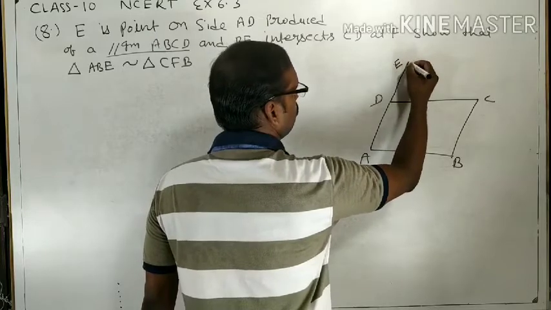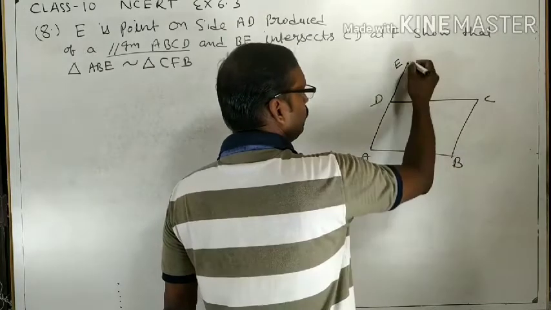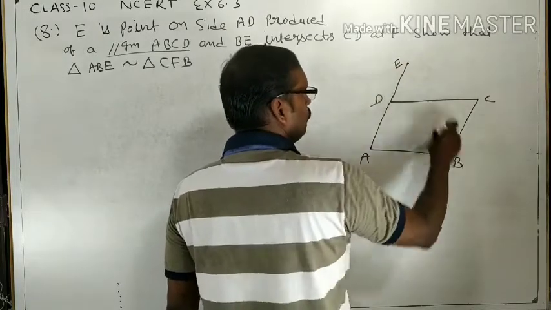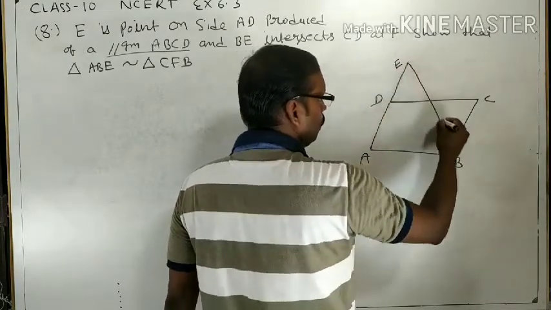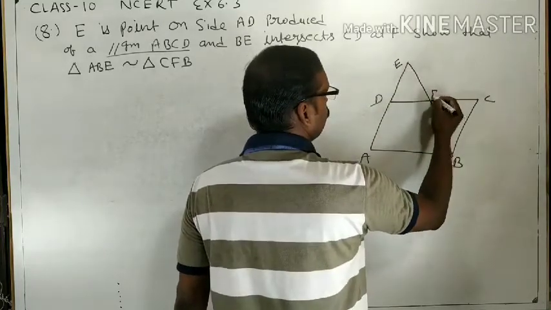Join B to E, and the point of intersection of BE and CD is F, as given in the question.